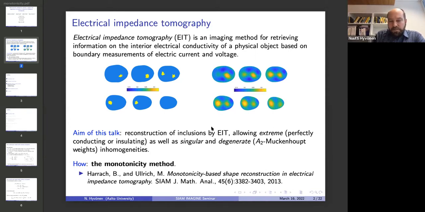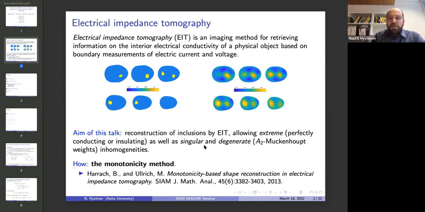So anyways, here the inclusion should be understood in the sense, I will give a slightly more precise definition, but the idea is that you know that the background conductivity of the object should be 1 in some unit, some mathematician's unit. The conductivity is 1, and then there's some perturbation of the conductivity that is compactly supported inside the object, and the task is to give a mathematical characterization of that support of that inclusion.